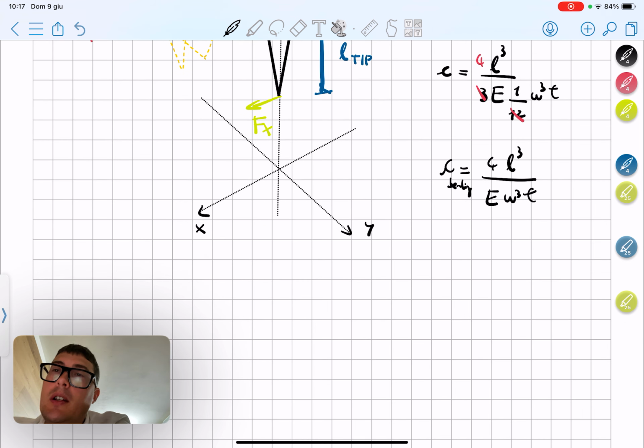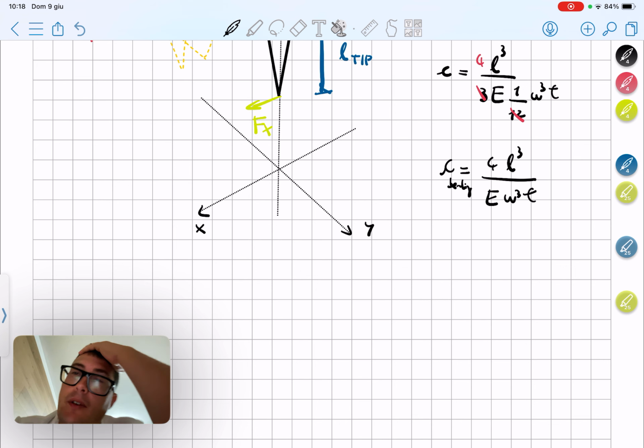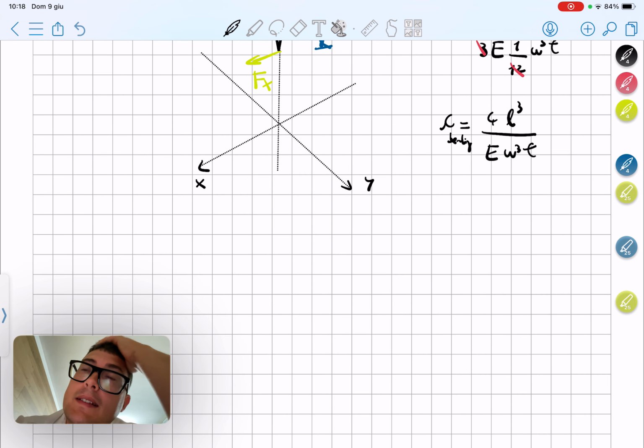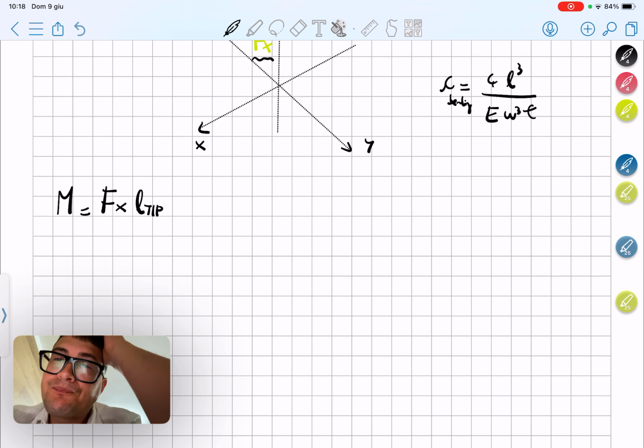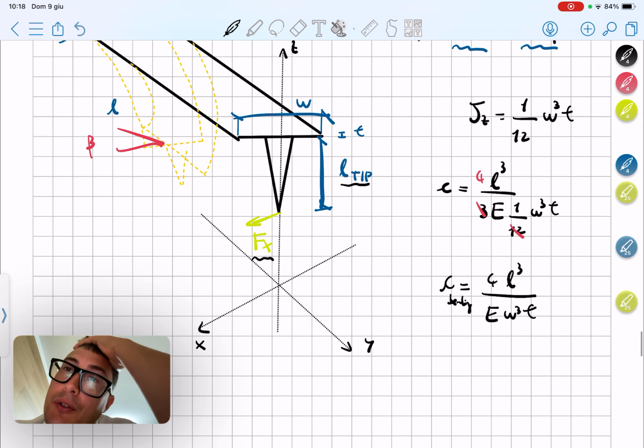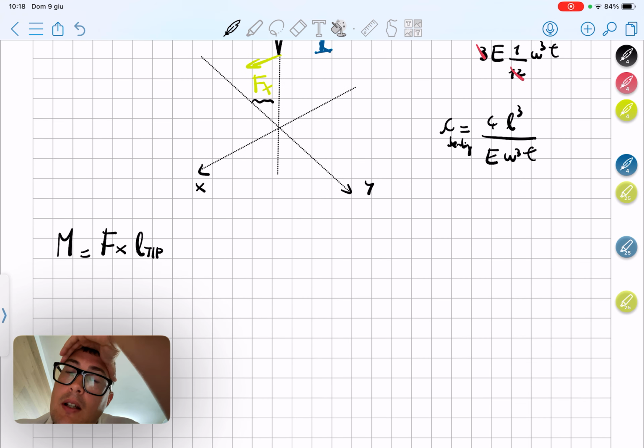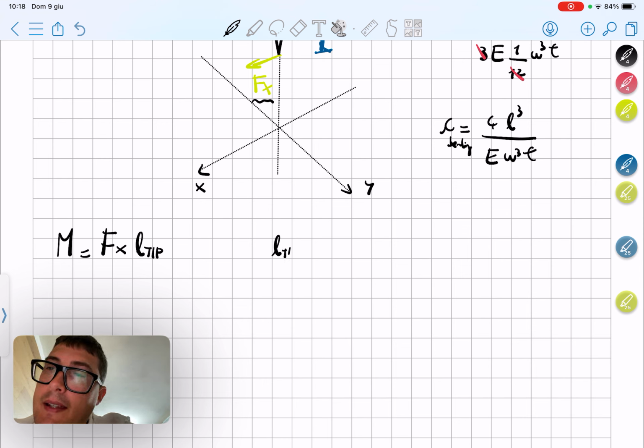For the C torque, we need to make some considerations. The first one is that our moment, in this case, is f of x times L of the tip, because it's this force here times the L of the tip to get the moment. And we also introduced a beta because, unlike the previous case where we used the alpha angle, in this case it is L of the tip times beta, which makes the delta x that we are looking for.